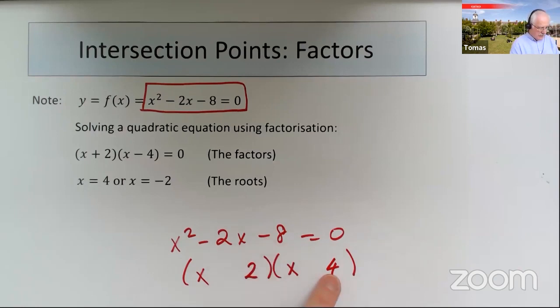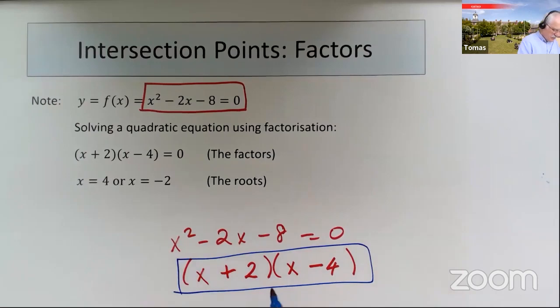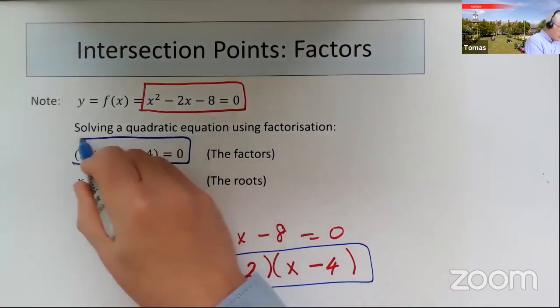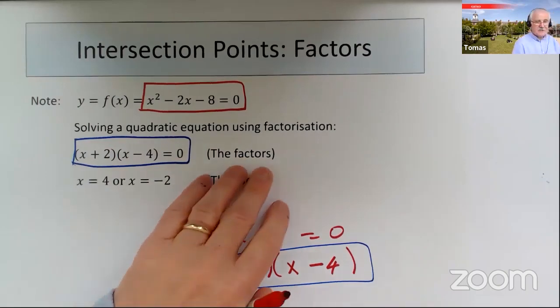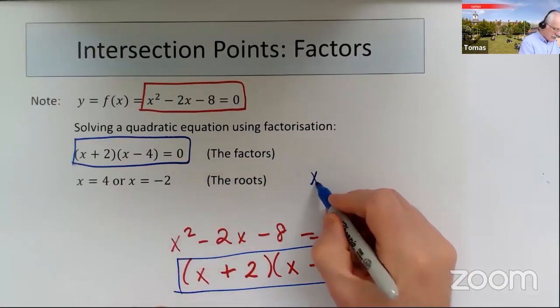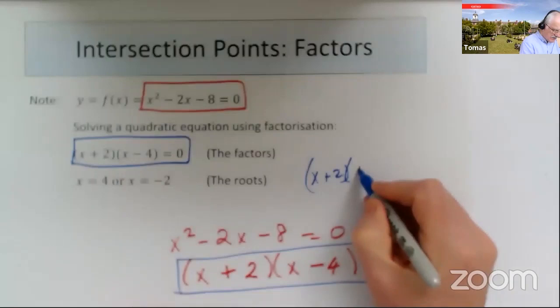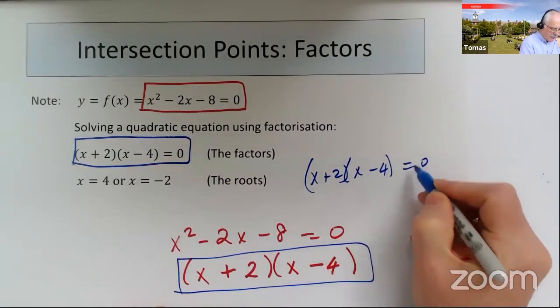We want the 8 to be minus, so one of those has to be minus. Overall, we wanted minus. So we could get x plus 2 by x minus 4, and we could say that's equal to 0. They're the factors. So x plus 2 times x minus 4 is 0.